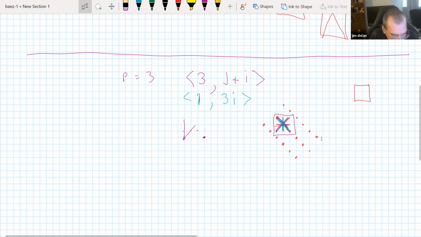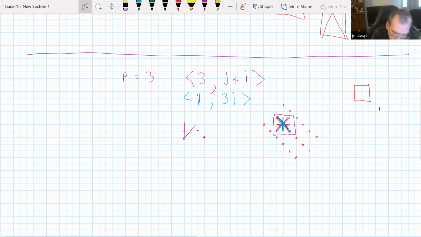So we're just taking the Gaussian integers that are relatively prime to 3 to act on these lattices, sort of by multiplication.